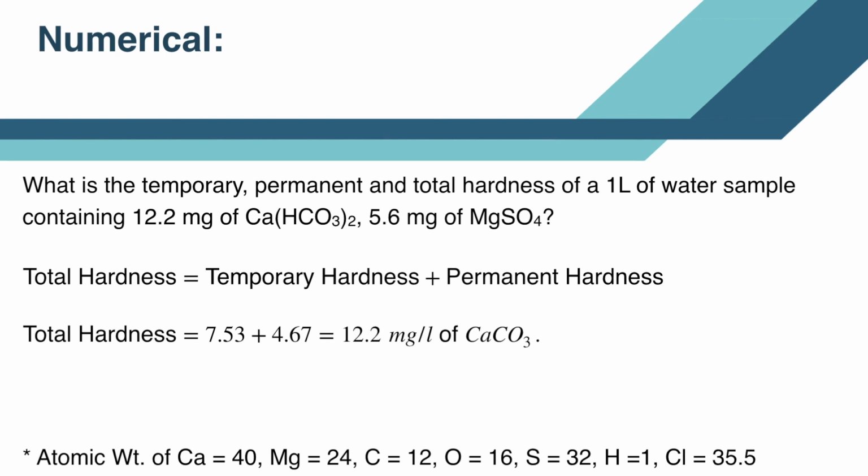So I hope this will help you to identify temporary and permanent hardness, and to convert them into ppm of calcium carbonate equivalent, and how to calculate total temporary hardness, total permanent hardness, and total hardness present in your sample.